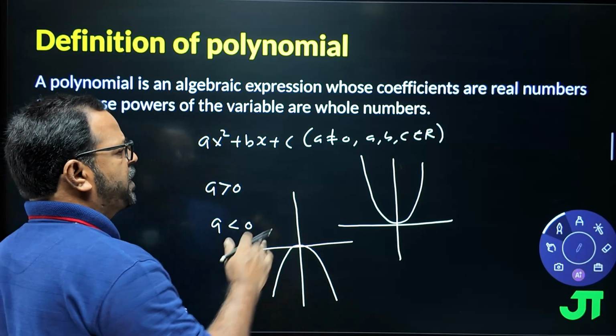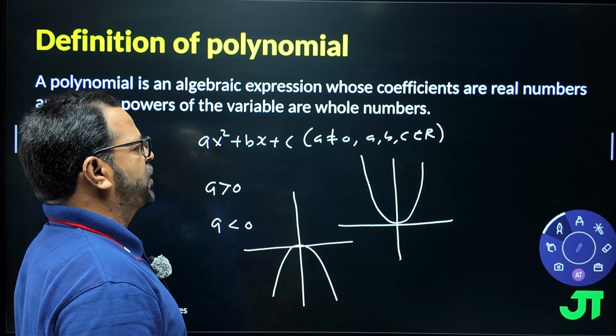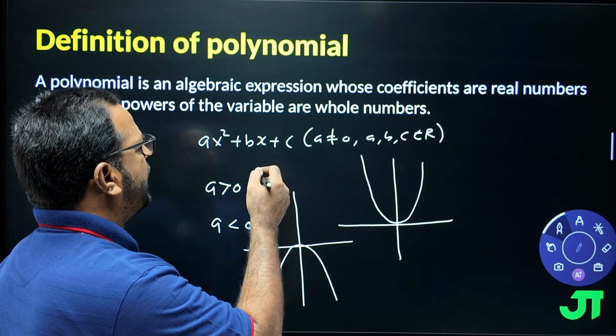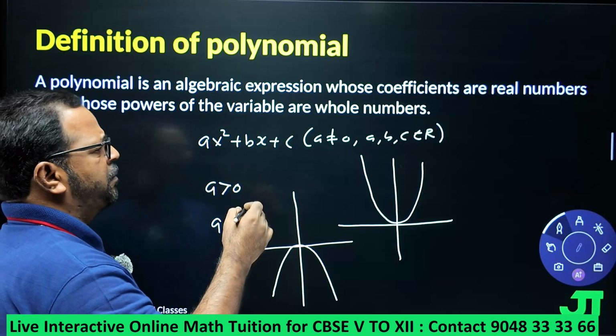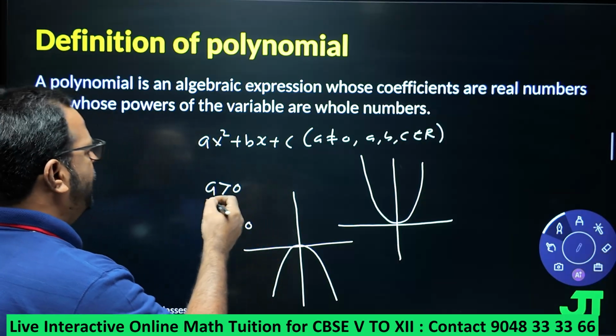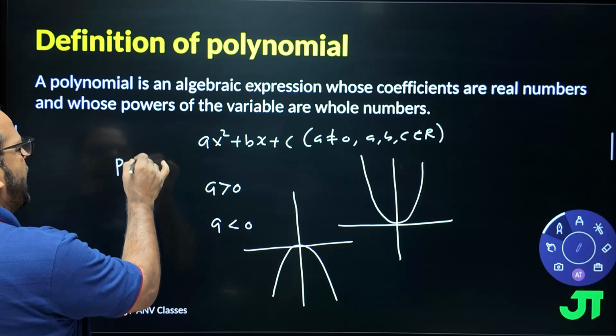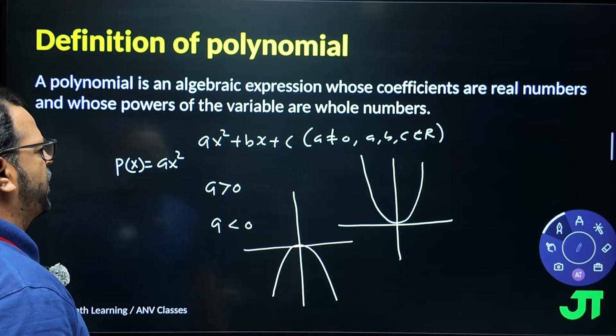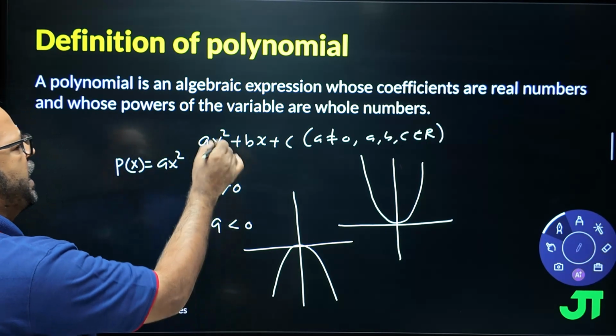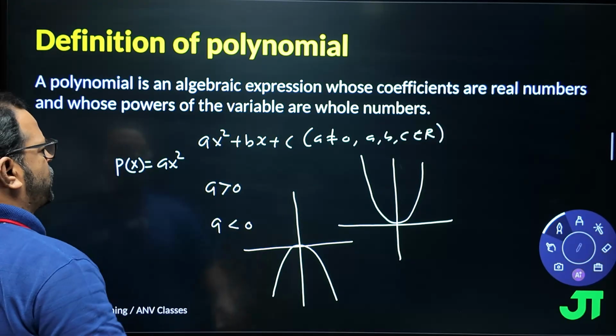There are two types of parabolas. And for the second degree polynomial, we understand some extra ideas: p(x) = ax² is the simplest quadratic polynomial. Here bx and c are zeros.